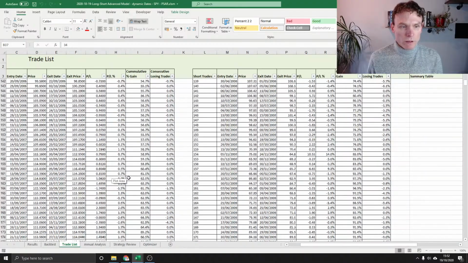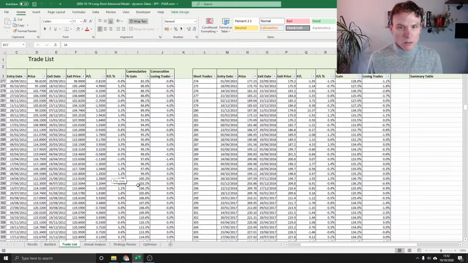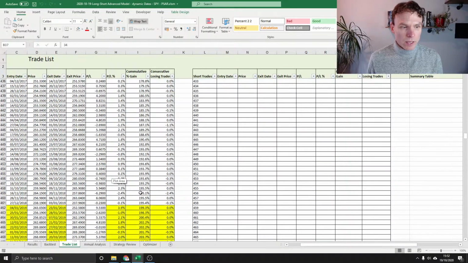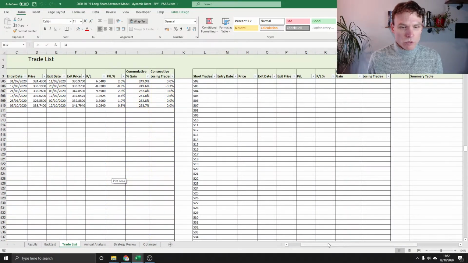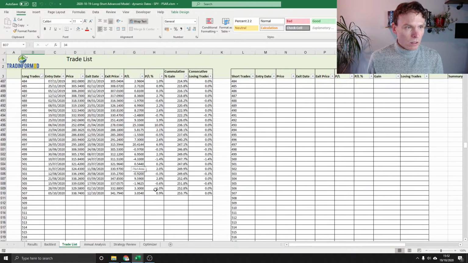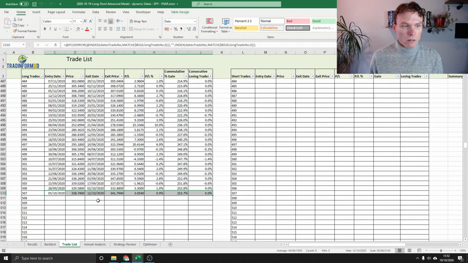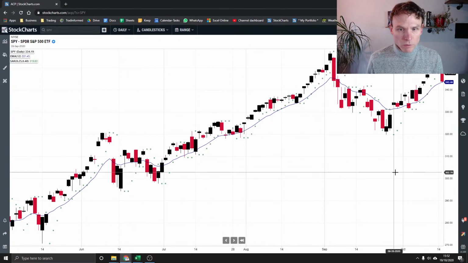The very first thing that we need to do is scroll all the way down here and start to have a look at some of these trades. So I'm going to have a look at the very most recent one, October the 5th to October the 12th, long trade. Let's bring stock charts back here. October the 5th.